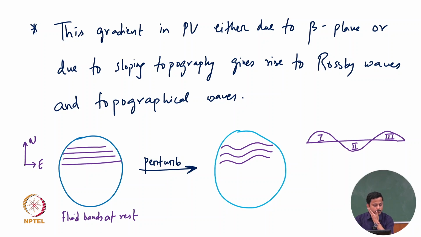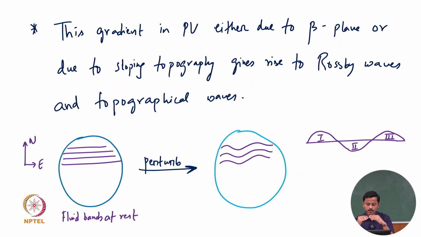So in this figure, you can take a moment and see which are the regions that are moving into a higher potential vorticity. Remember that this is a perturbation of a fluid at rest, and because of this perturbation we are moving particles away from their equilibrium position.